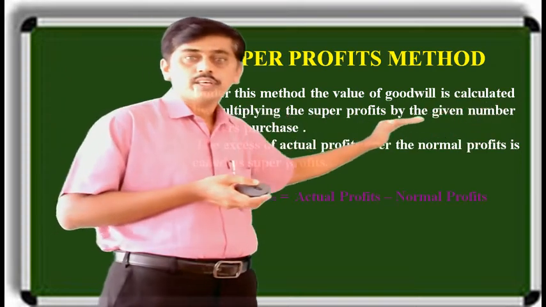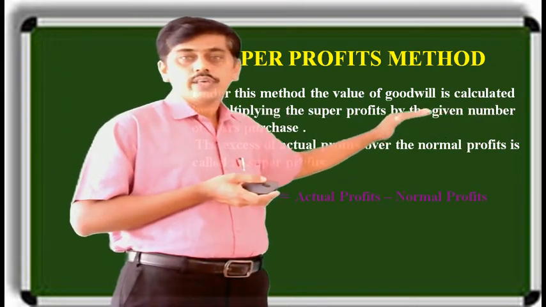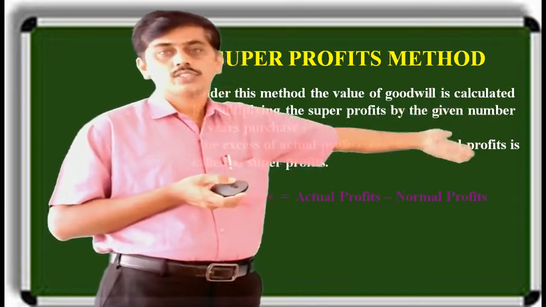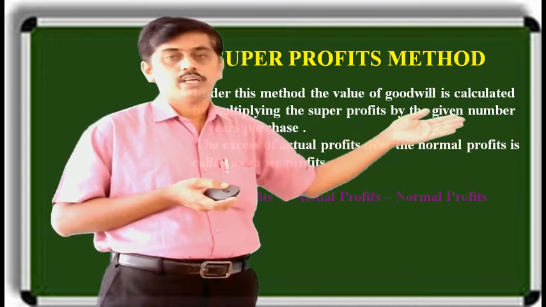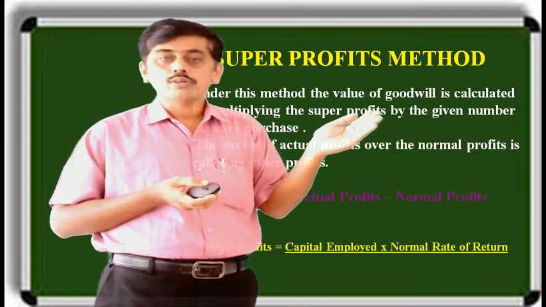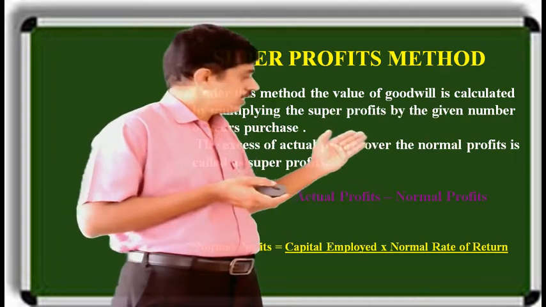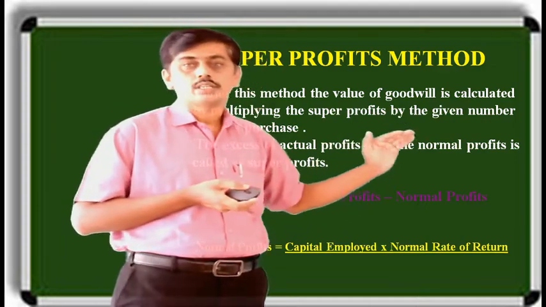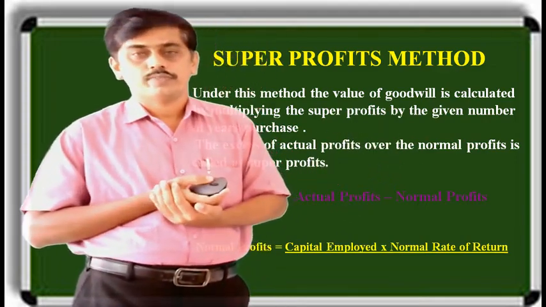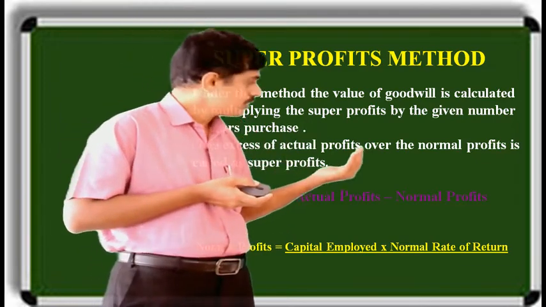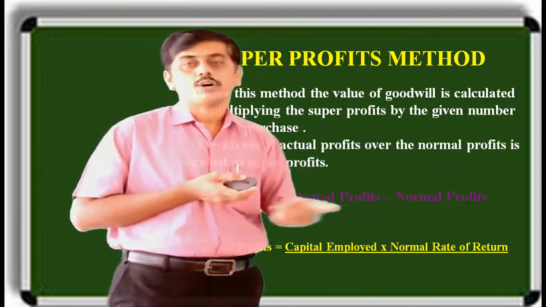You may remember, super profit equals actual profits minus normal profits, and normal profit equals capital employed into normal rate of return.